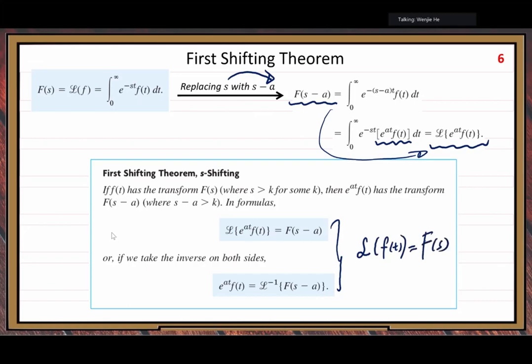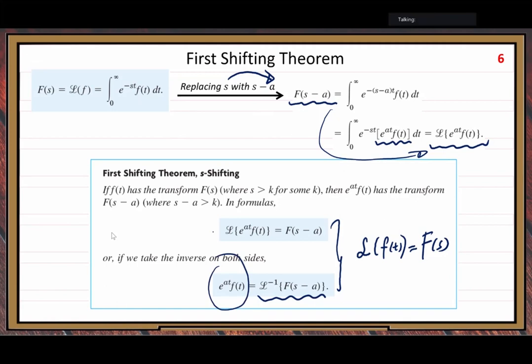But sometimes you need to calculate the inverse Laplace transform of capital F of s minus a. Then on this side, you just use e to the at times little f.